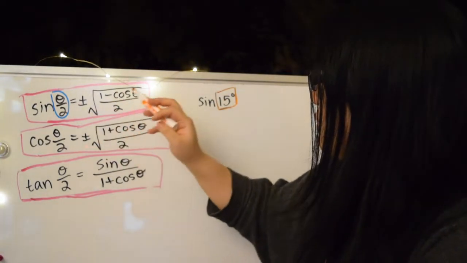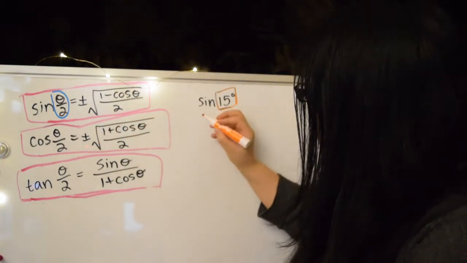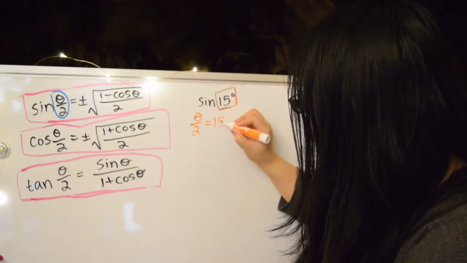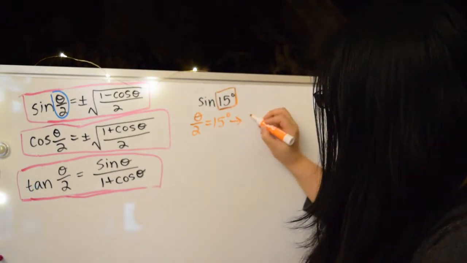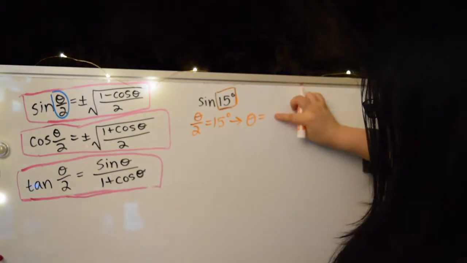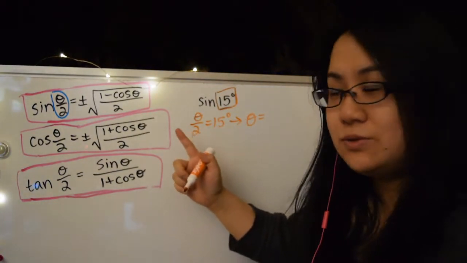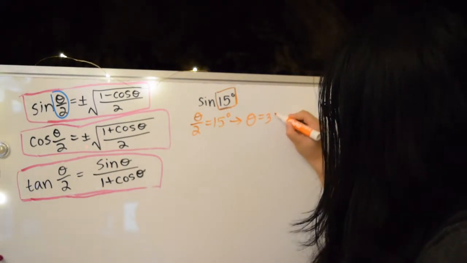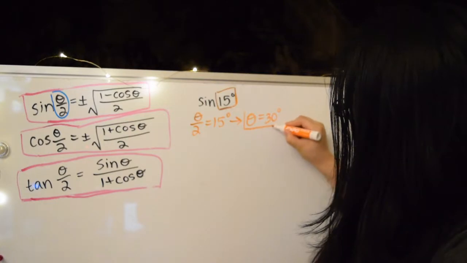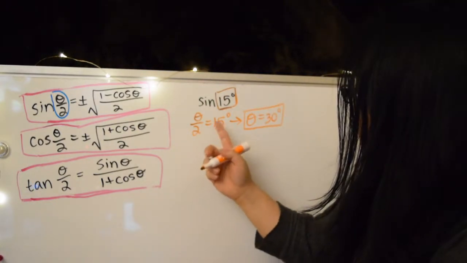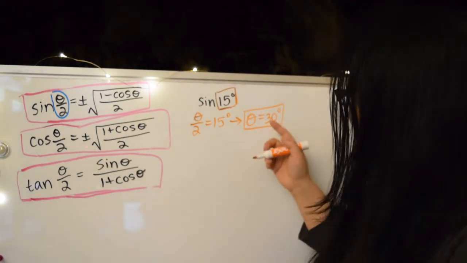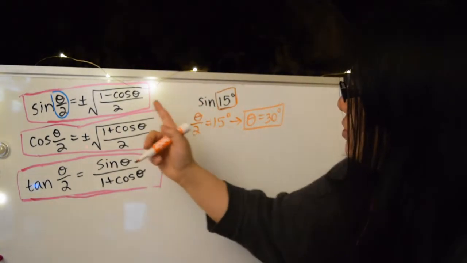So we need to solve for what theta is. If theta over 2 equals 15 degrees, then you can multiply by 2: 15 times 2 is 30 degrees. 30 degrees divided by 2 is 15 degrees, so we're good to go. So theta equals 30 degrees.